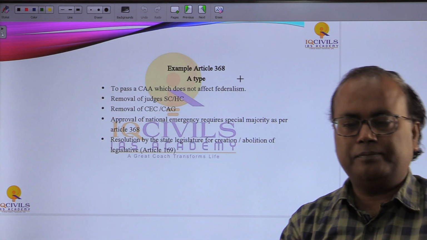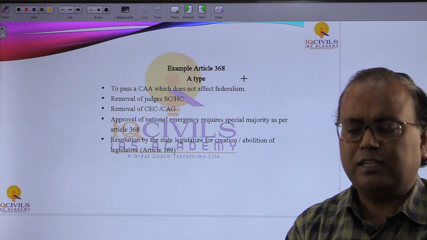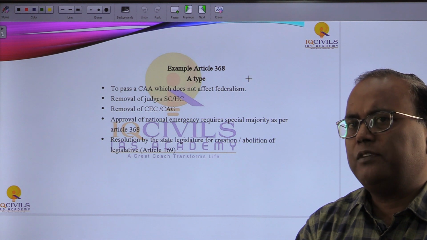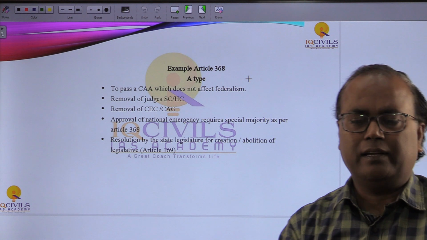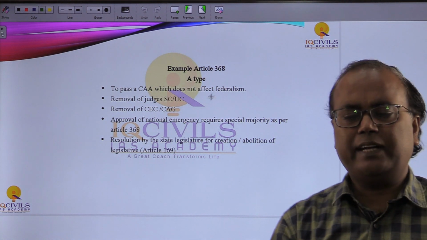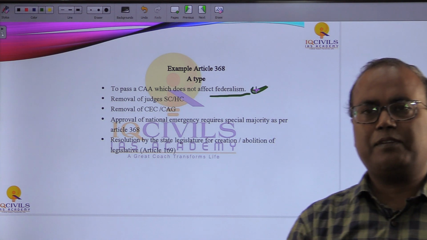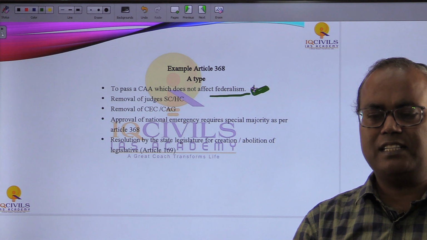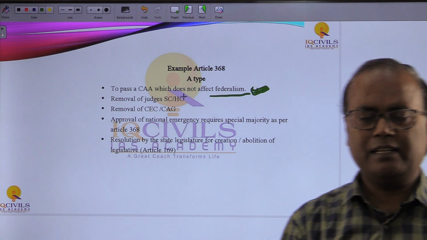Under Article 368 type A, which requires 2/3 of the members present and voting, and which used to be 50% plus 1 of the total strength also. Okay. So any constitutional amendment act which does not affect federalism, meaning the relation between the center and state, requires type 1 of 368.